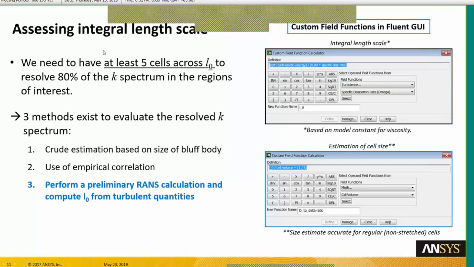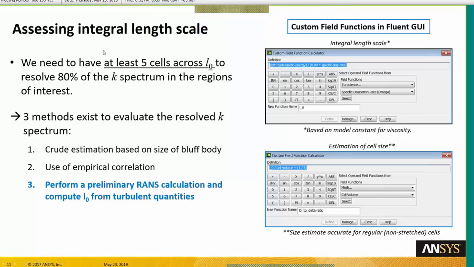At this point, when you do your first RANS calculation, you can assess the integral length scale through it. We need to have at least 5 cells across this integral length scale to resolve 80% of the K spectrum in the regions of interest. So we have 3 methods at this point. We can crudely estimate the integral length scale based on the size of the bluff body and a correlation.